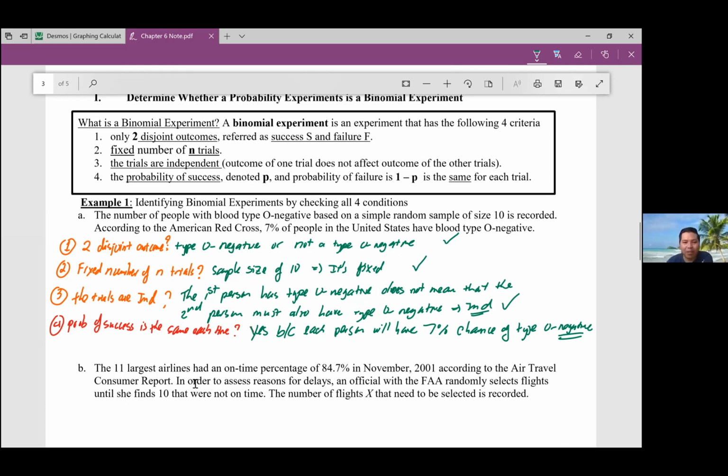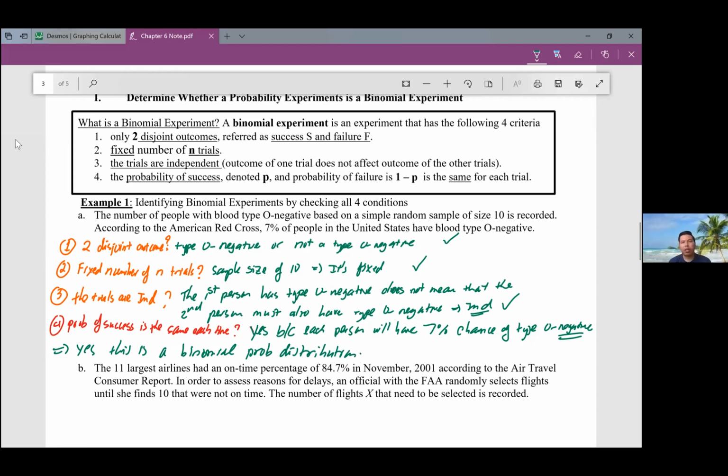Okay, so the first example will be binomial probability distributions. So the check-in is that, right?